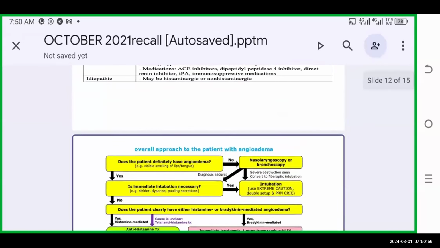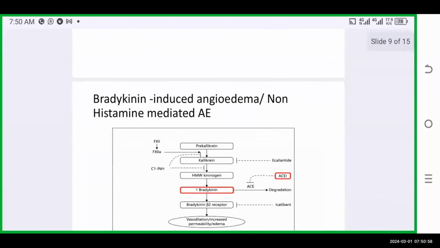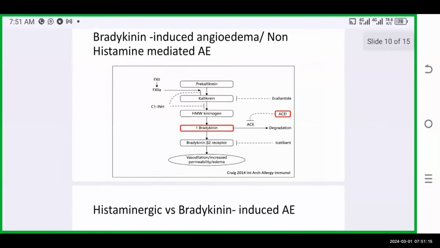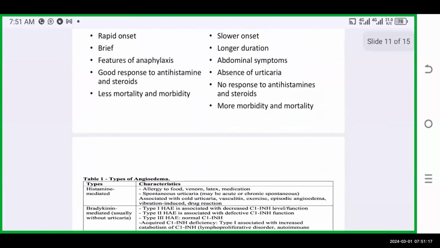Fresh frozen plasma acts on the bradykinin itself and helps mop up the bradykinin; it hastens the metabolism of bradykinin. Icatibant, meanwhile, acts on the bradykinin B2 receptor. It's said to be very expensive. It's given as 3 mL subcutaneously over 30 minutes, and it can be repeated if the patient doesn't have respite.